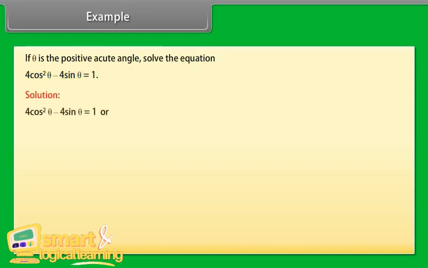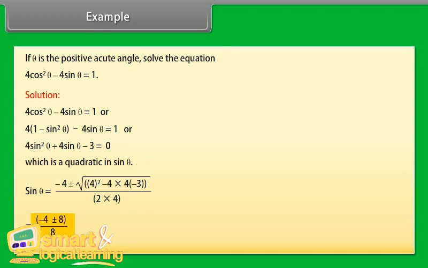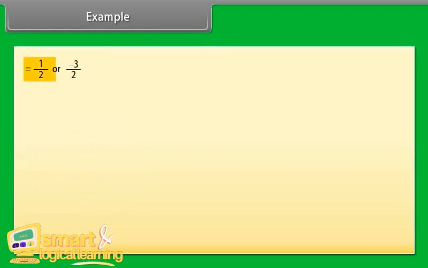Solution. 4cos²θ − 4sin θ = 1, or 4(1 − sin²θ) − 4sin θ = 1, or 4sin²θ + 4sin θ − 3 = 0, which is a quadratic in sin θ. sin θ = (−4 ± √(4² − 4·4·(−3)))/(2·4) = (−4 ± 8)/8 = 1/2 or −3/2.